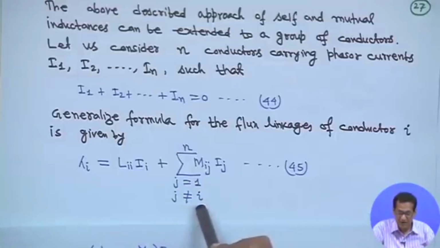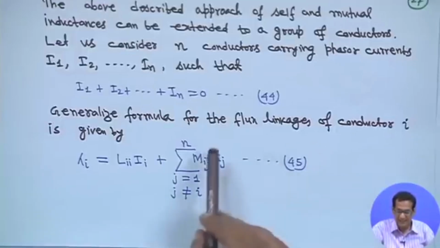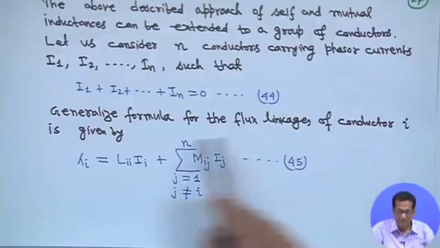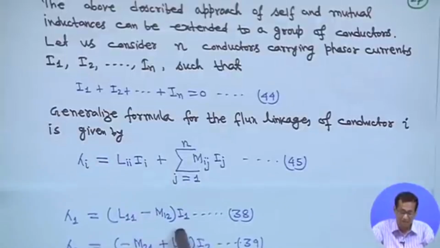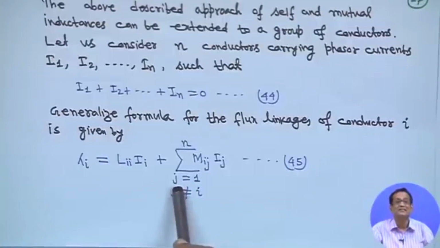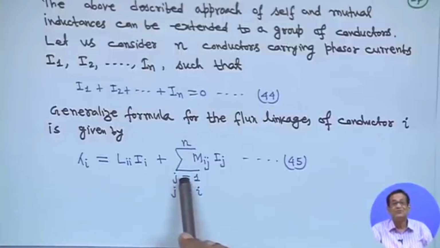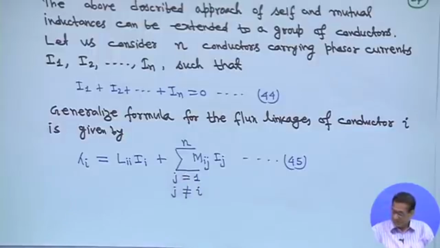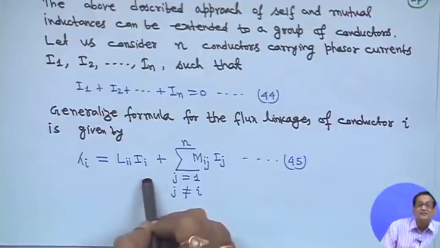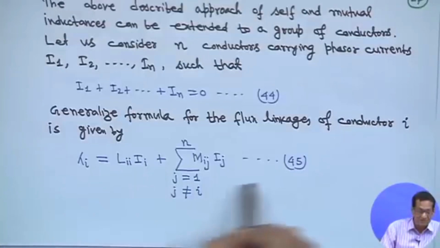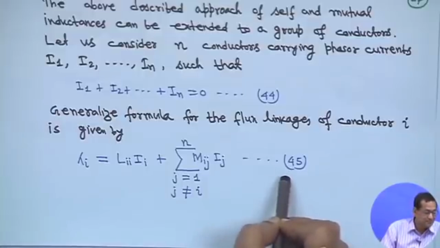This is the generalized formula for the flux linkage of conductor I. So, only from this simple thing, we are giving this generalized formula. This formula will be used again and again for other things. This mathematical expression for flux linkage for conductor I is very important, right. This is actually equation 45.